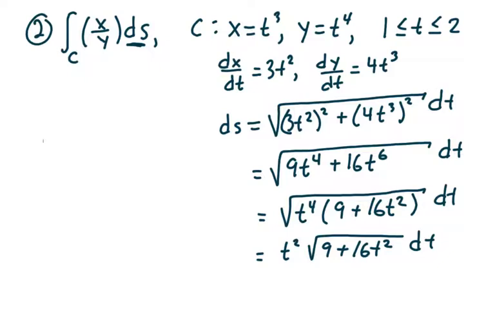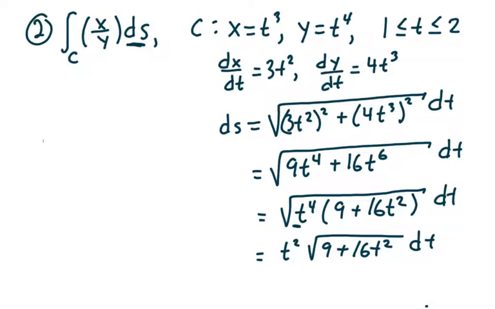If I factor out a t to the 4th inside the radical, I get t to the 4th times (9 plus 16t squared) under the square root, dt. But the square root of t to the 4th is t squared. So this is equal to t squared times the square root of 9 plus 16t squared.